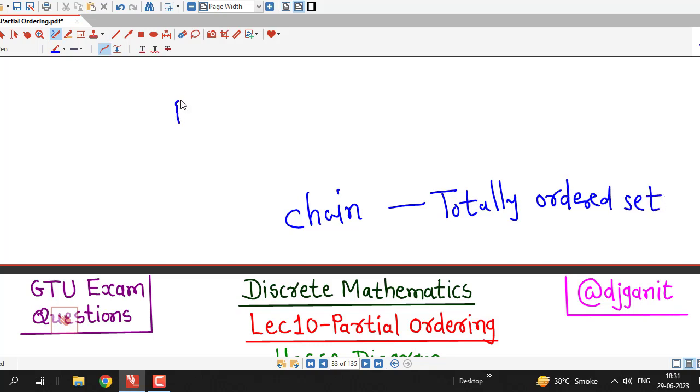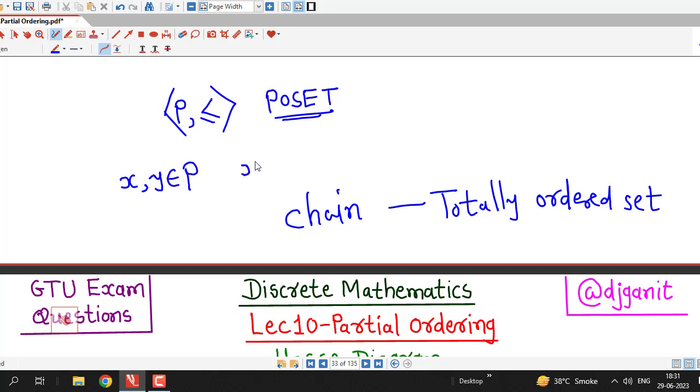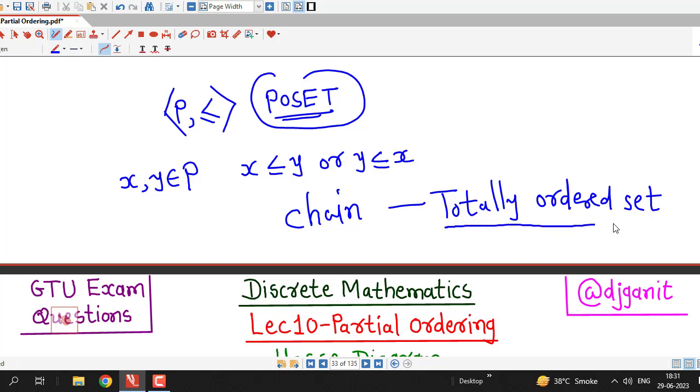If you recall the definition, suppose P is a partially ordered set under some partial order relation denoted by less than or equal to, then if for any two elements x, y belonging to P, x is related to y or y is related to x, this partially ordered set is called a totally ordered set or a chain.